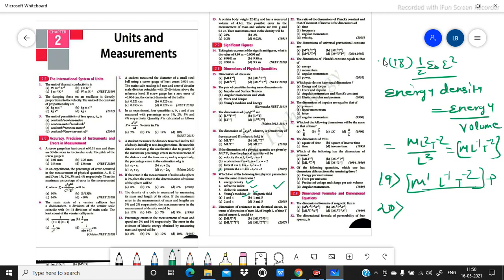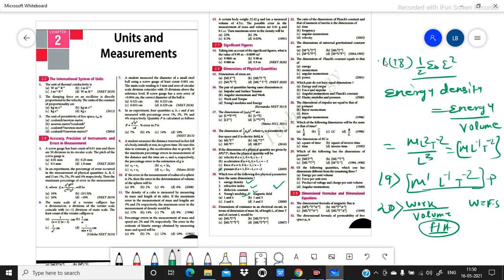How? Energy density is equal to work by volume, and Young's modulus is equal to force by area. Force by area is also work by volume, because work is nothing but force into displacement.